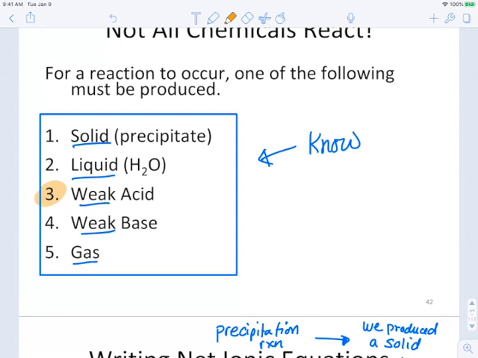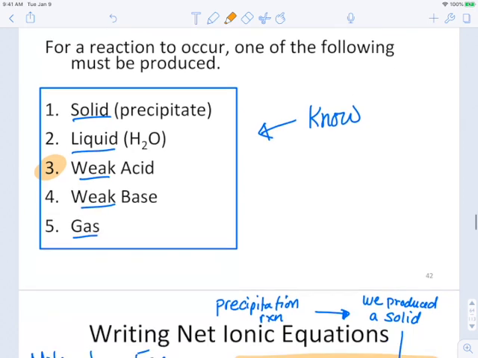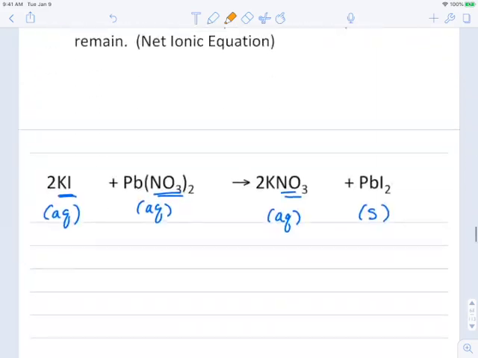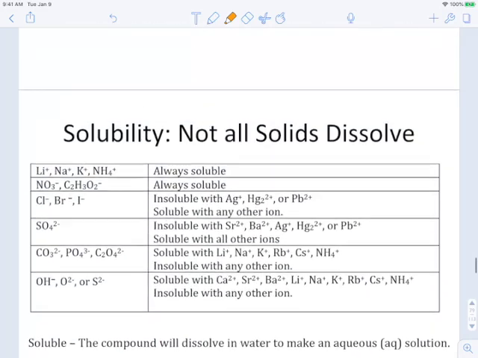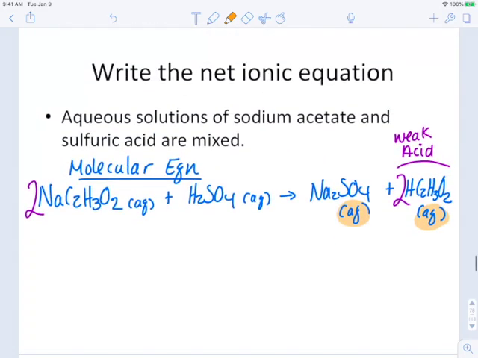Any questions on that? Any questions on why our reaction qualifies as chemicals that are going to react because we created that weak acid? Okay. There we go. All right.